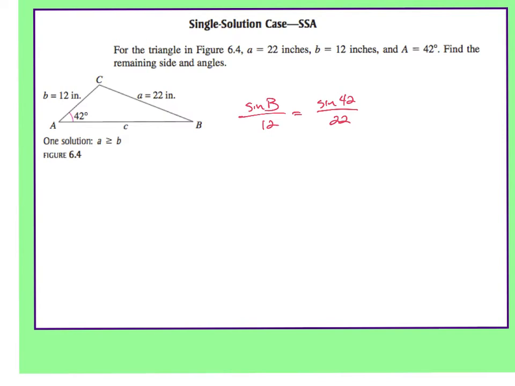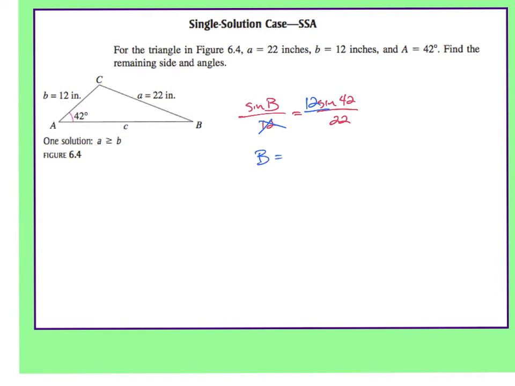So now what do we need to do? This is kind of 2 steps now. We multiply by 12, just like before. And then what's the inverse operation to get to angle B? We arc sine it. Exactly. So we arc sine that whole statement.